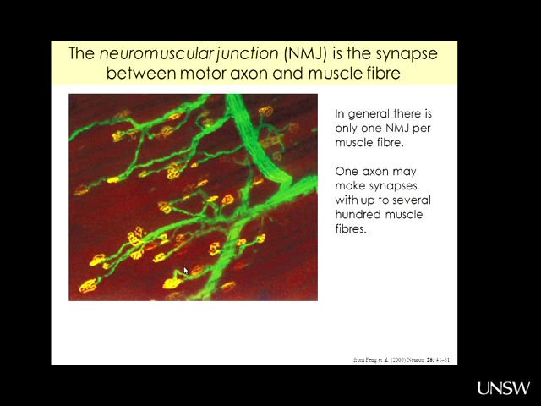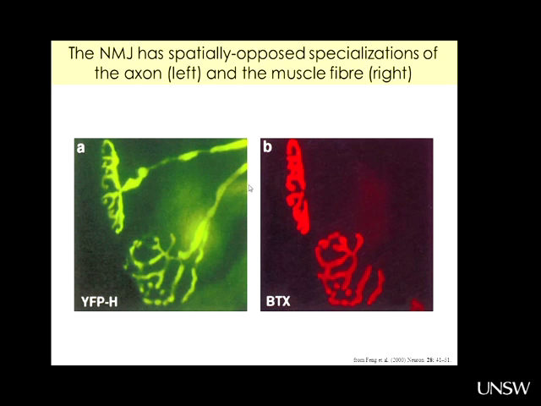You can see obviously that there's some quite specialised structure here. When we pull the membranes apart and stain them separately, here on the left we've got staining of the axonal part, here on the right we've got staining of the muscle fibre surface. You can see that that specialisation exists in both cells, okay, in the muscle cell and in the nerve cell, and that they match.